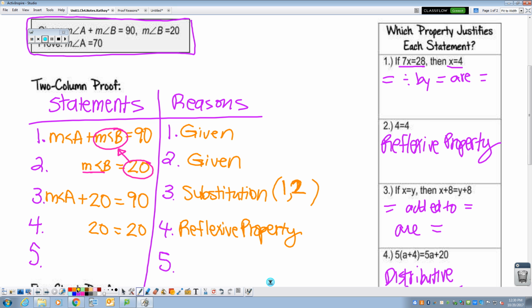So next I'm going to do some algebra, which looks something like that. And with that algebra, I'm left with the measure of angle A equals 70. And I got there by subtracting. And since I got there by subtracting, my reason is equals subtracted from equals are equal.